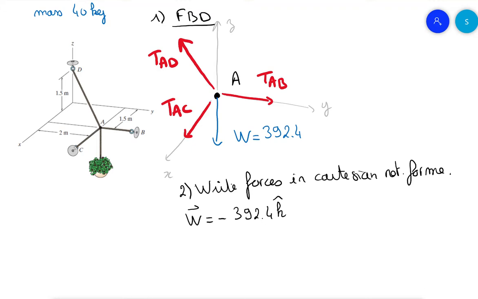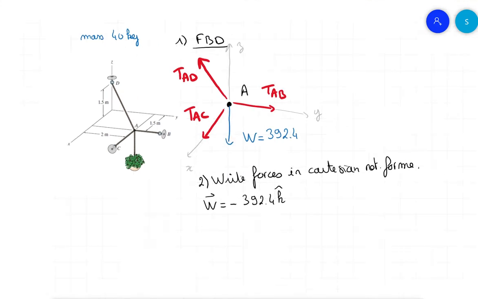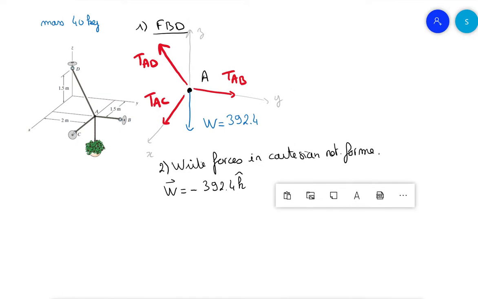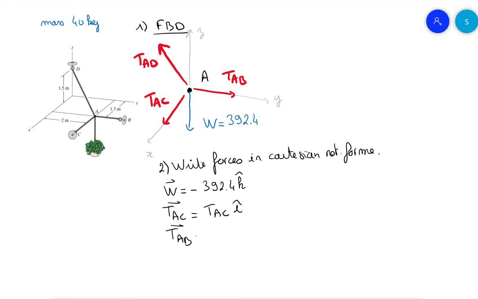We have the tension TAC, that is on i hat only, so TAC magnitude times direction i hat. We have TAB, equal to the magnitude of TAB, aligned with j hat. And after that, we need to find TAD.